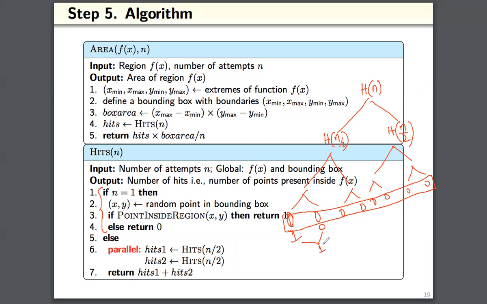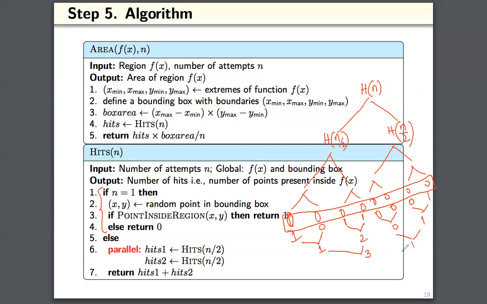So this total hits is 1. This might be a hit, this might be a hit. Return, add them. This might be a miss, add them. Miss, hit, add them. So hits from the first function, hits from the second function, 3 here.